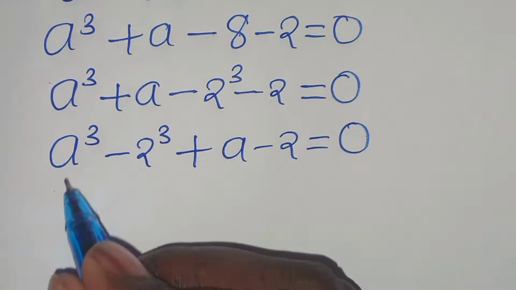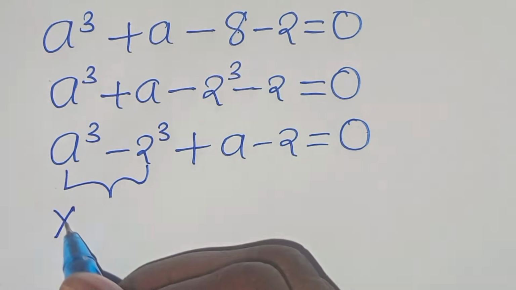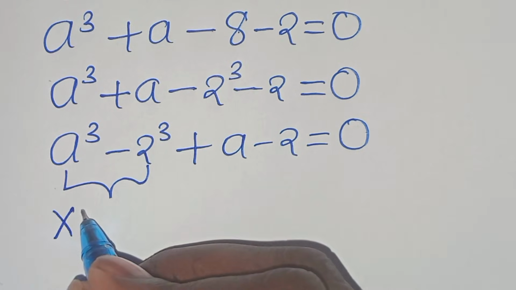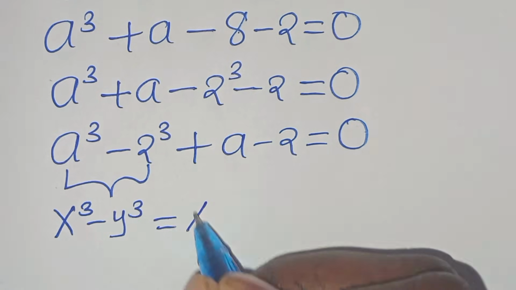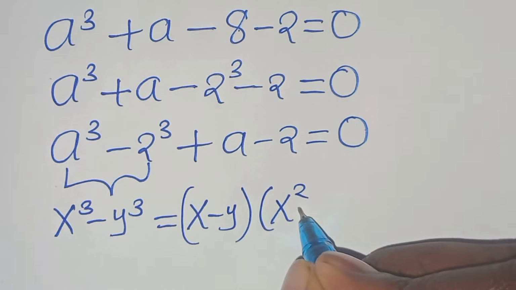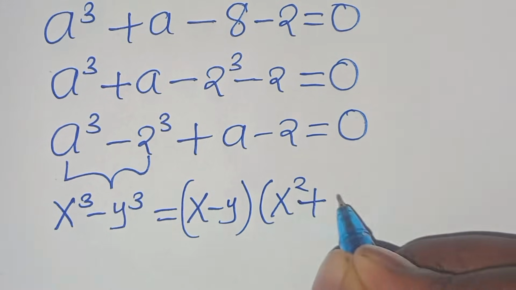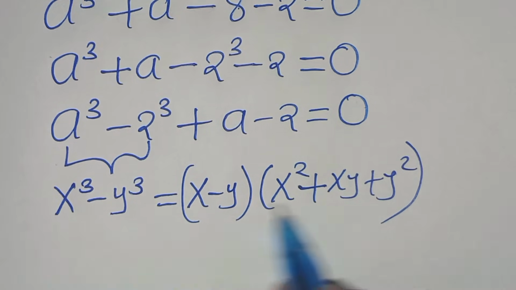Now we have that this part is the difference of two cubes, expressed as x to the power of 3 minus y to the power of 3, which can be expressed as x minus y multiplied by x to the power of 2 plus xy plus y to the power of 2. So let's apply this identity.